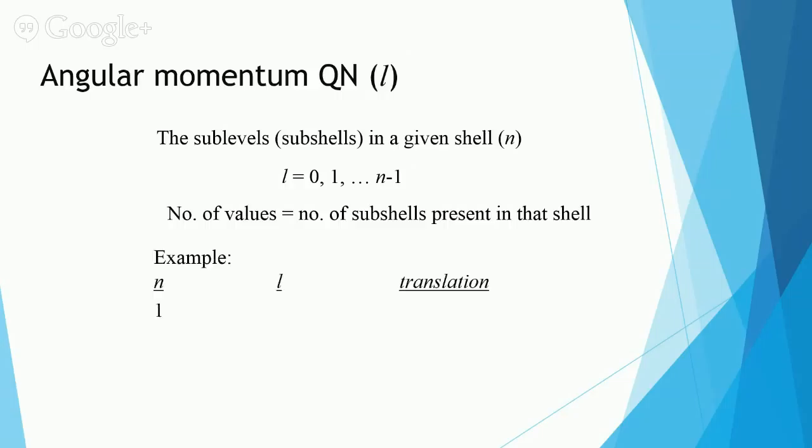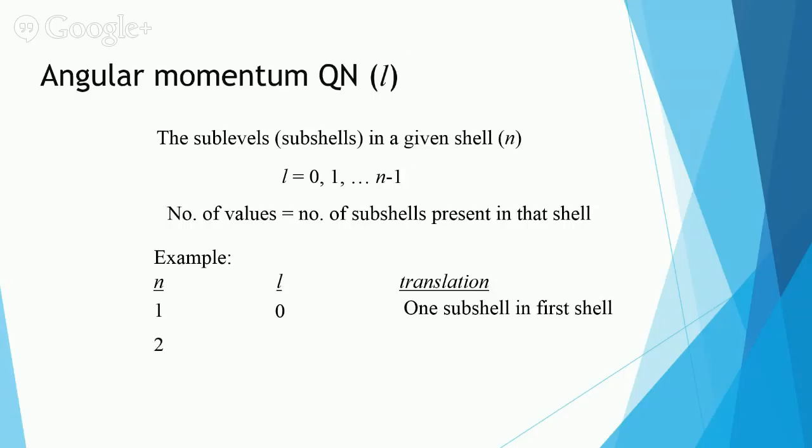So for example, if you're talking about the first shell, the only possible value of L in that case is 0, because 1 minus 1 is 0. So for us, all it means is that the first shell only has one subshell, which is kind of redundant if you think about it too much, but it works better for the later shells.